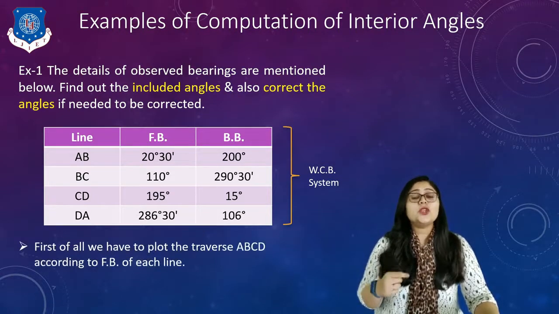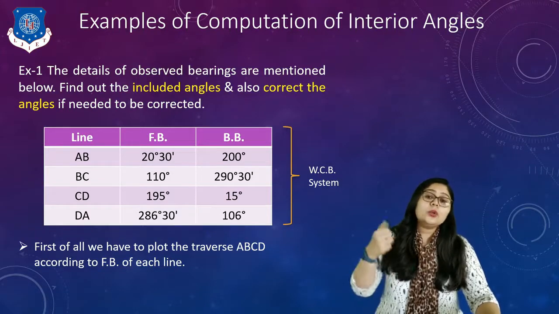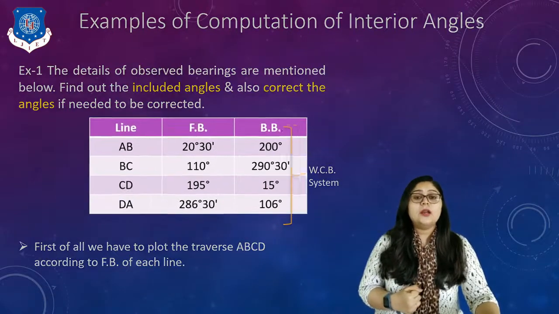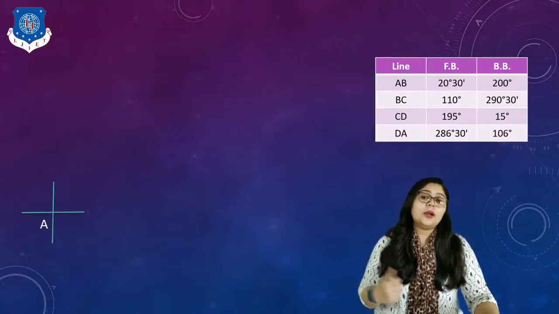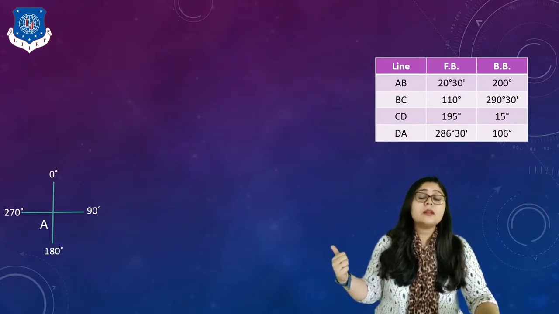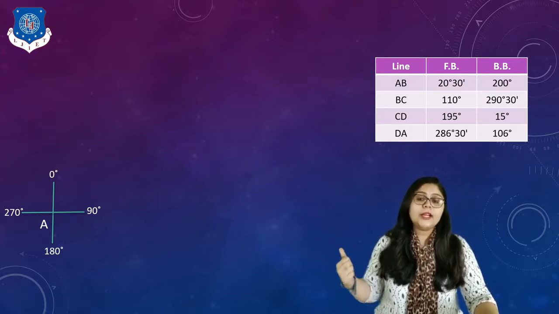So here, first of all, we have to plot the traverse ABCD according to the forebearing of each line. So for that, what we have to do? First, we have to plot point A. Here, now you can see, I have marked the range 0, 90, 180 and 270 to make it easy, right?